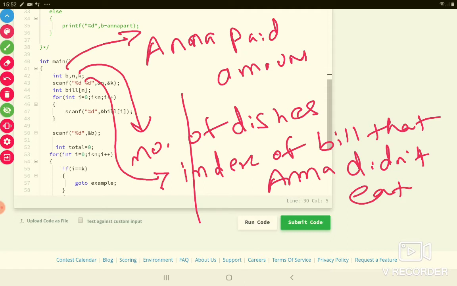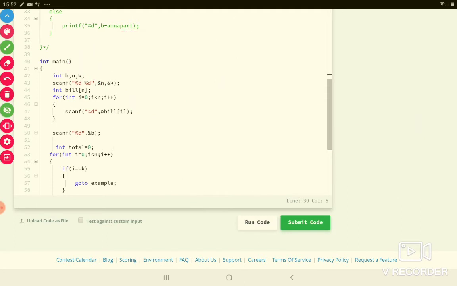For that we use the scanf function. We use a for loop for getting all the inputs in the array bill.